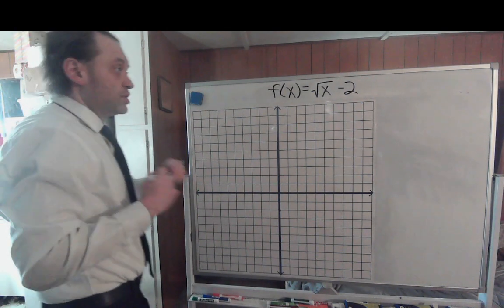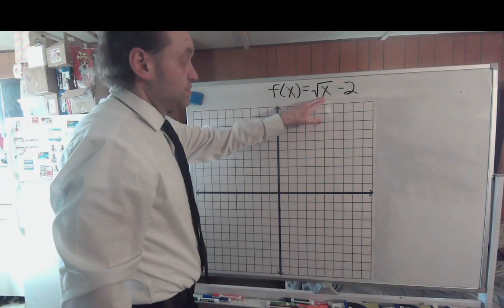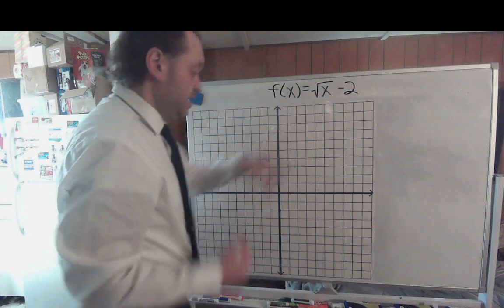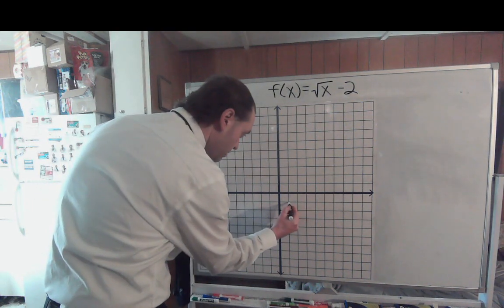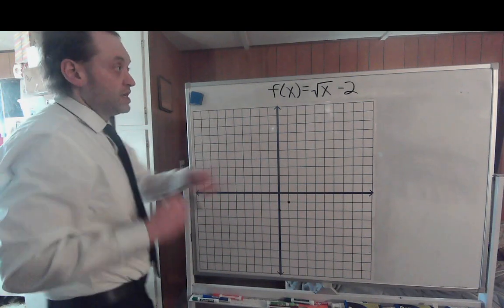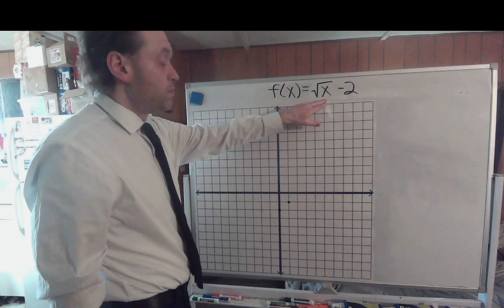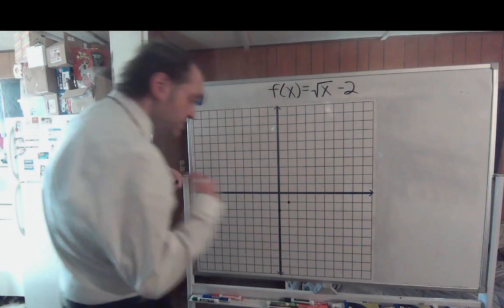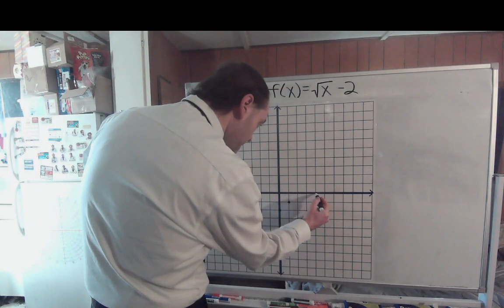Now, what if I put in x is 1? If I put in 1, I get the square root of 1, which is 1, minus 2, I get negative 1. So I get 1, negative 1. All right, let's put in 4 for x. Well, that would give you the square root of 4, which is 2, minus 2 is 0. So actually my x-intercept would be at 4, 0.